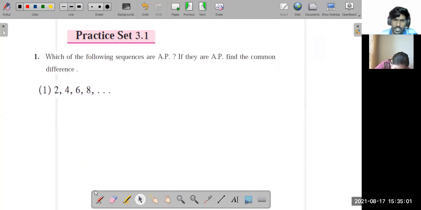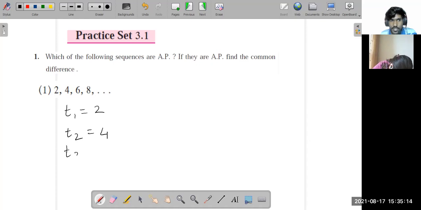Looking at it, you can tell it is an AP, but when you're writing it, you have to be perfect. T1 is the first term, that is 2. T2 is 4, T3 is 6, and T4 is 8. Now do the differences. T2 minus T1, 4 minus 2, is 2.